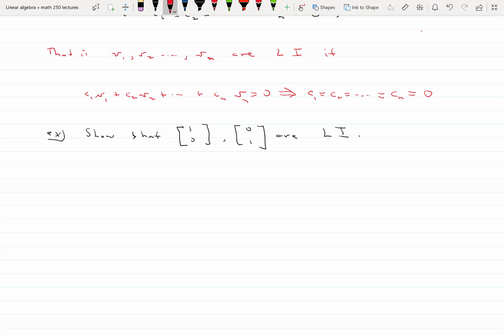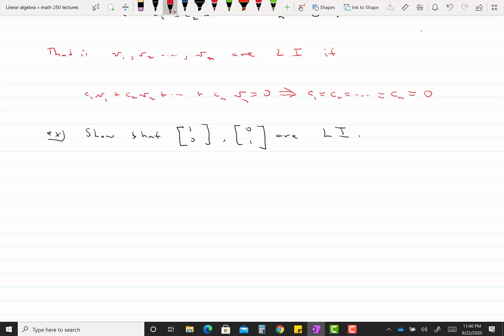Vectors are linearly independent if, when you set up the equation C1 V1 plus C2 V2 all the way up to Cn Vn equals 0, the only constants you can find are C1, C2, all the way up to Cn equal to 0. So if that equation holds true, then all the constants must be 0. So let's set up the equation.